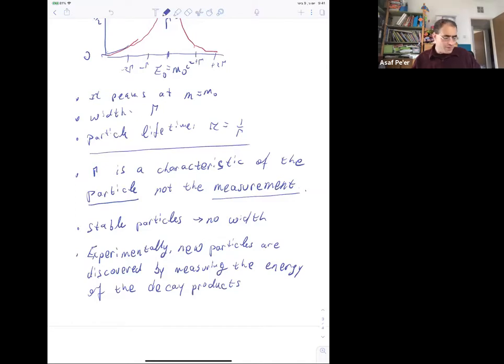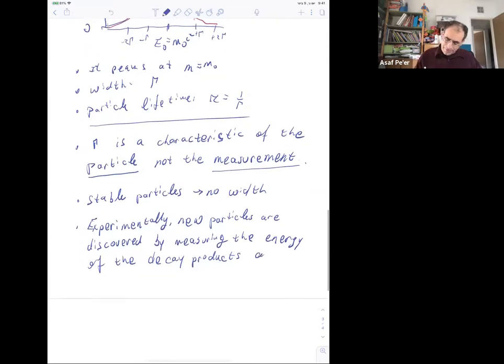So the way to detect them is looking at the outcome, the energy of the decay products, and observing a resonance. I showed you the resonance for the W boson.